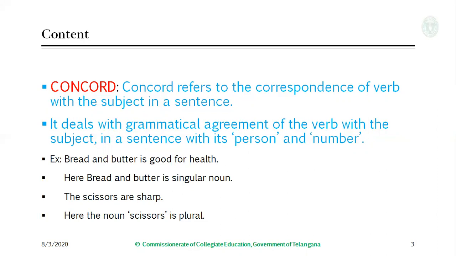So it is always taken as a plural subject, a plural noun. So here, the noun scissors is plural. The scissors are sharp. So in this way, Concord shows the correspondence of verb with the subject in a sentence.